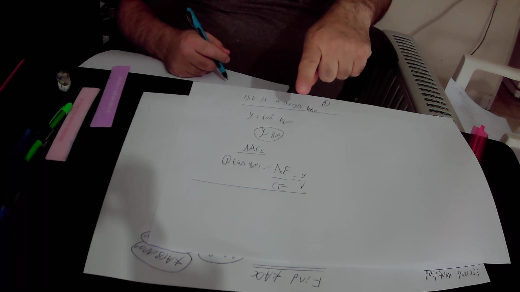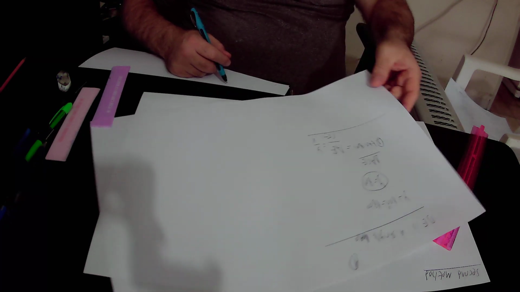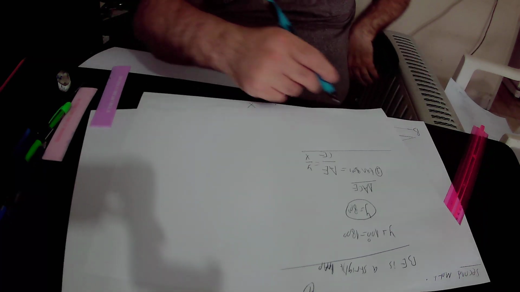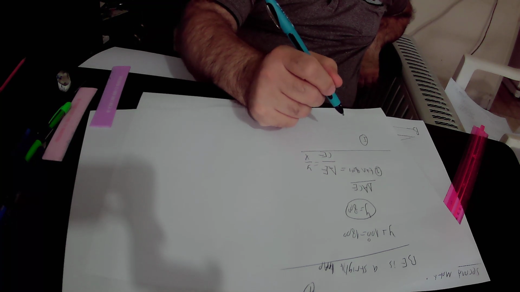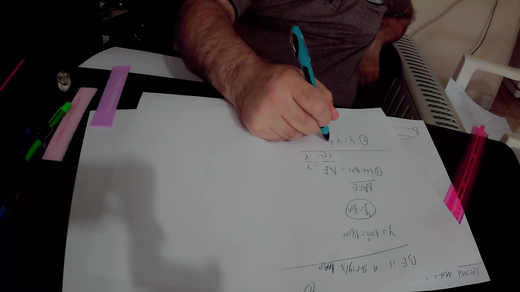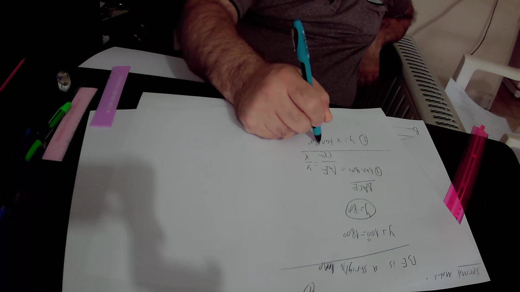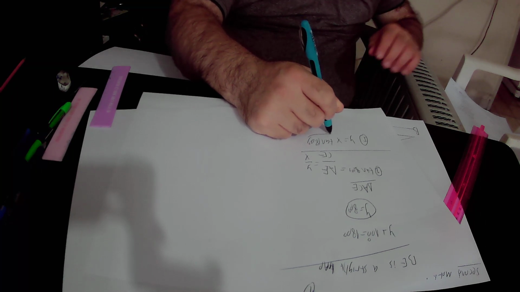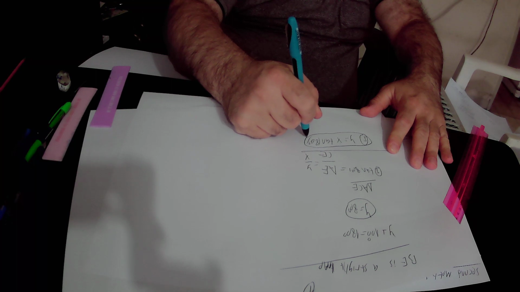Here we multiply equation number 1 by x, and we get that y equals x times tangent 80 degrees.